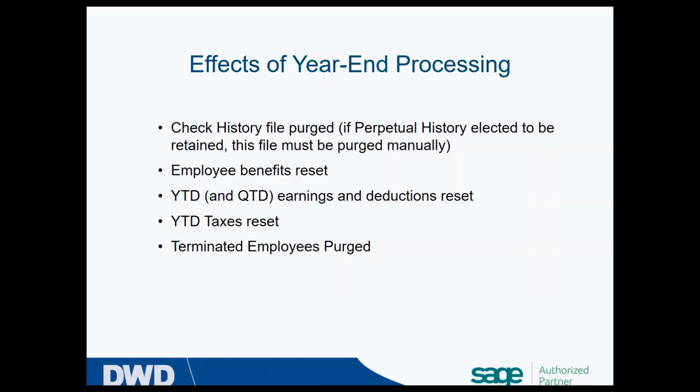So don't be surprised that you close your year and then you go into your employee listing and you see employee IDs, but you know they're terminated. That's the software doing what it's supposed to do. Within a couple of years or whatever period of time, then those employees will start dropping off.